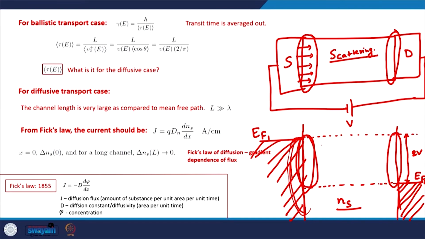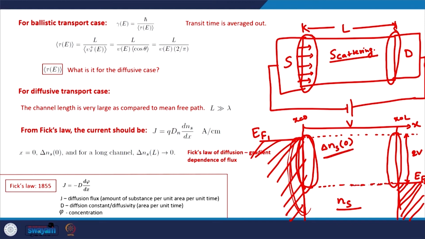Let us say the excess of electrons on the source side is delta Ns 0, where this is the x axis, this is x equal to 0, and this is x equal to L, if the channel length is L. Some of these excess electrons recombine, and ultimately the channel has some electronic population on the right terminal as well.